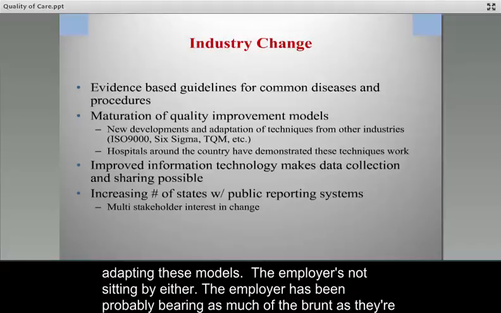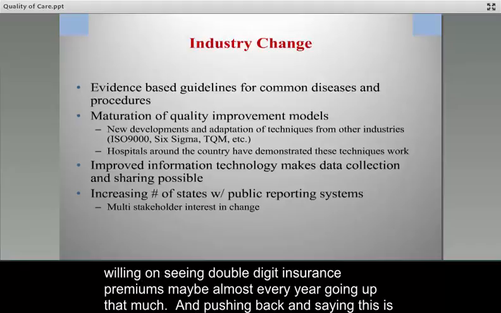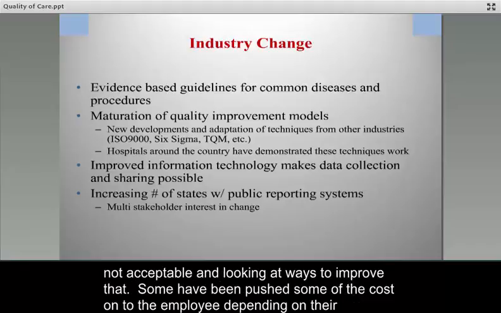The employer's not sitting by either. The employer has been probably bearing as much of the brunt as they're willing, seeing double-digit insurance premium increases almost every year, and pushing back and saying this is not acceptable, and looking at ways to improve that.